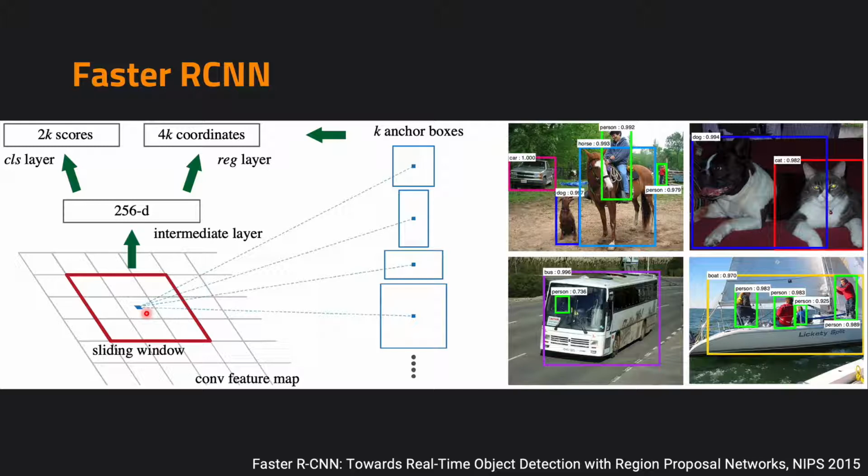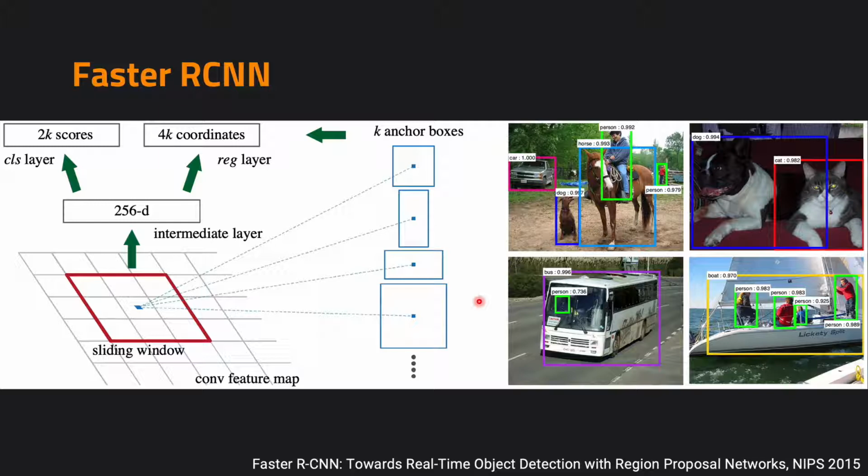Then we find the most promising anchor boxes, or the most promising proposals, at each location. Then we put all the proposals together for further classification and regression to refine the object location, and also to determine the exact category of the target object within this anchor.